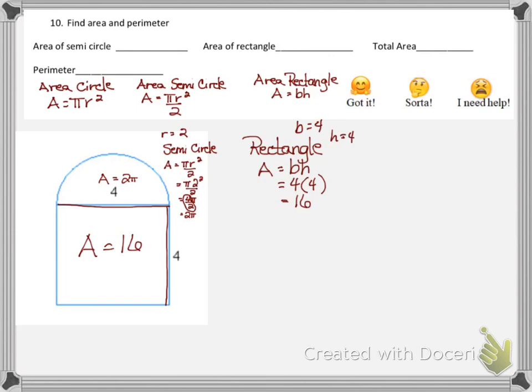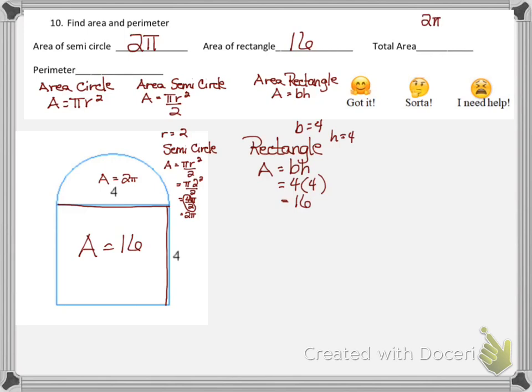Let's go ahead and put up here. We said that the area of the semicircle is 2 pi. The area of the rectangle is 16. Now the total area is where you have to add those areas together.